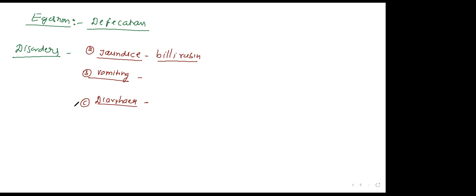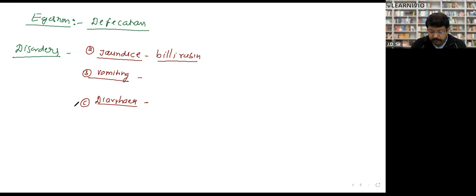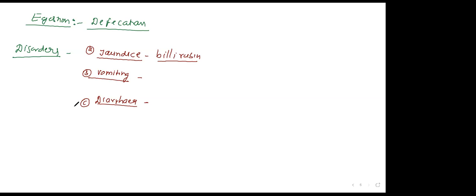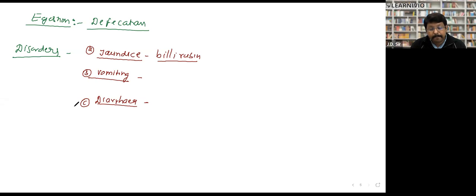So can you repeat, sir? Diarrhea is an increase in frequency, volume and fluid content of feces, caused by increased motility and decreased absorption by the small intestine.